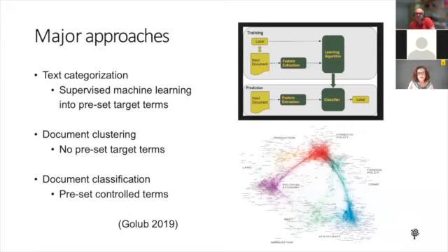Text categorization is essentially a supervised machine learning approach, which is an assigned indexing approach, where we have some kind of list of terms or even controlled vocabularies into which the documents are automatically classified. This approach requires training documents, which means documents that are already pre-indexed or pre-classified, in order to compare the new documents against those that already have the right class or index term.